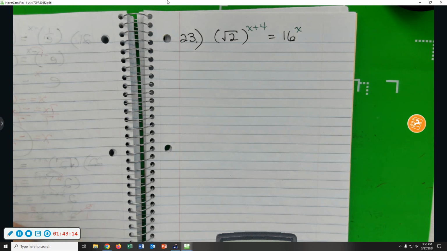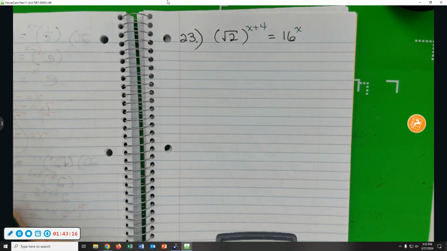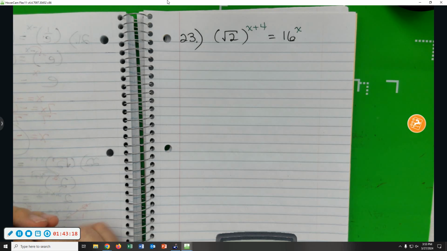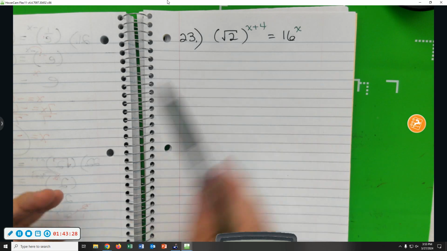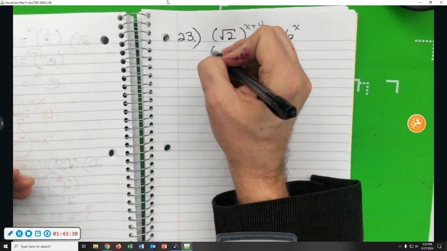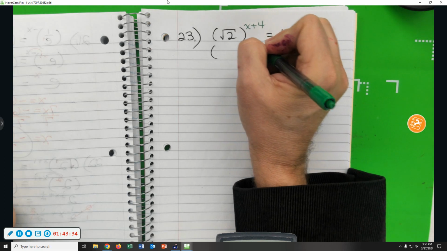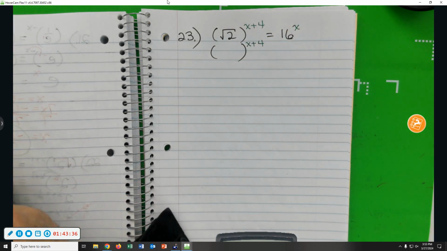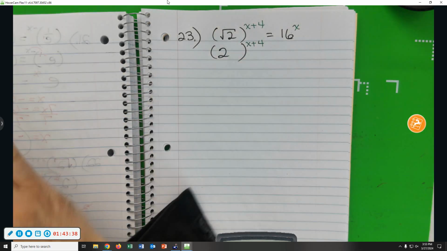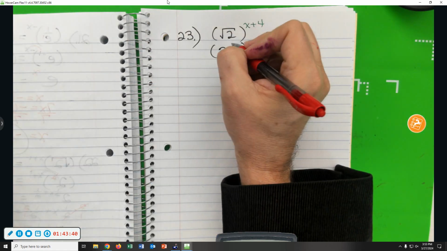From here on in, as we move through logarithms in the next few assignments, whenever we run into a radical, we're going to rewrite it using an exponent. How can I rewrite the square root of 2 using an exponent? 2 to the 1/2.